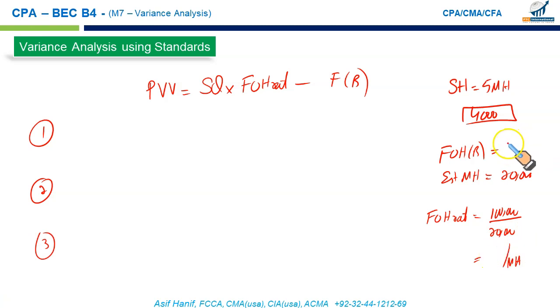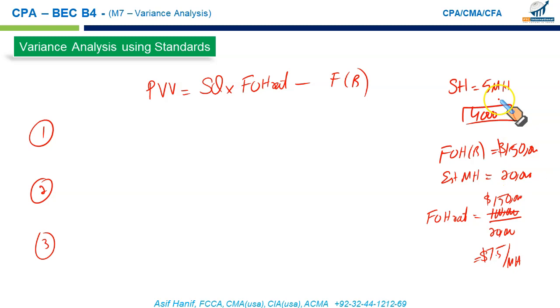Let me take your fixed overhead budget to be $150,000. And if this is the case, then the numerator would now be $150,000 and the denominator, as per the previous information, is 20,000. So your fixed overhead absorption rate per machine hour is going to be $7.5. Now that makes much more sense.